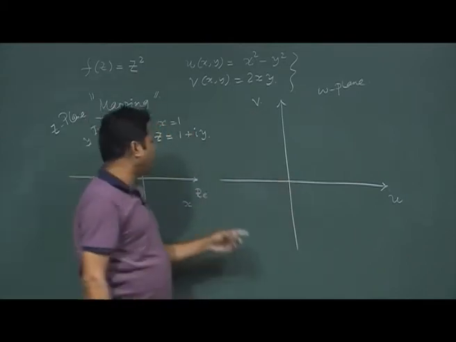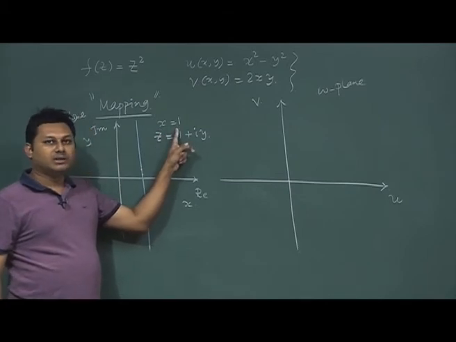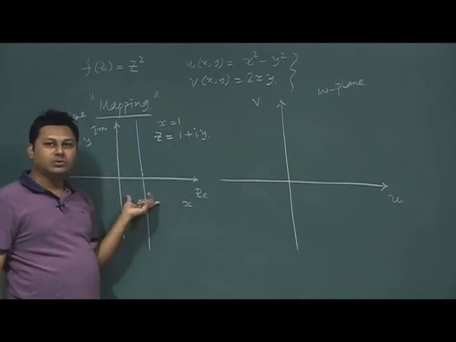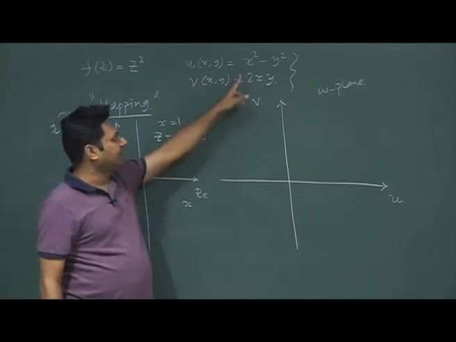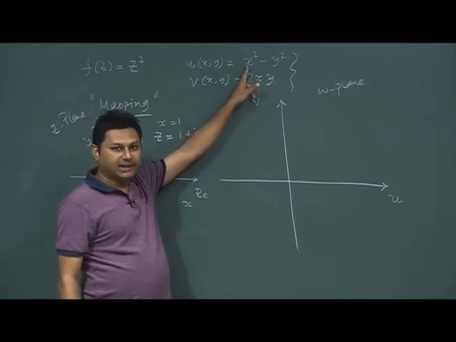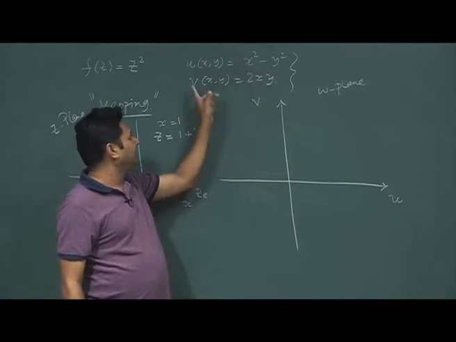So I have x equal to 1 in my hand. I will put this condition here, and I will have a relationship between u and v.